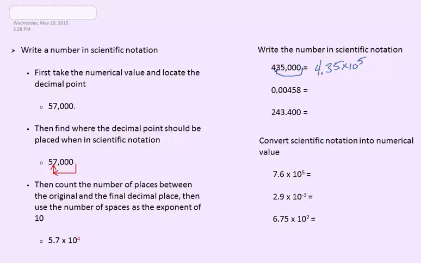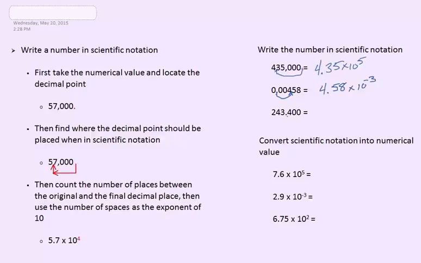If we do the same thing for our next example, if we move the decimal to in between our 4 and a 5, we can write our scientific notation as 4.58 times 10 to the negative third, since we moved it 3 places to the right.